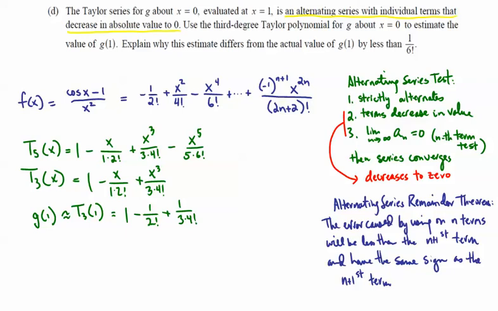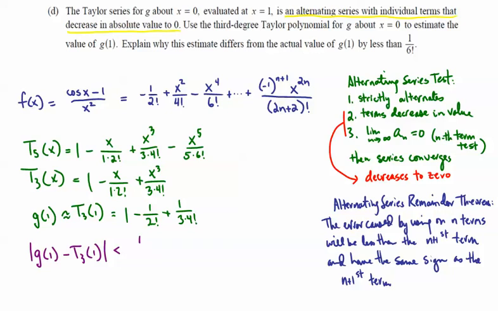Now we want to show that G of 1, which is the actual, minus t sub 3 of 1, we know that that difference, and we'll talk in terms of absolute value here, has to be less than the first excluded term.